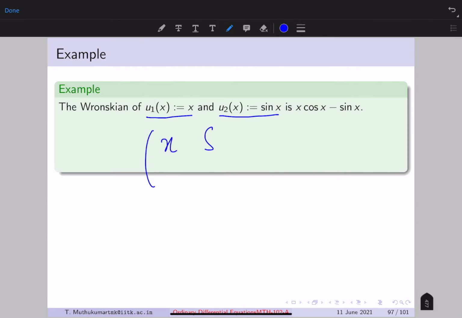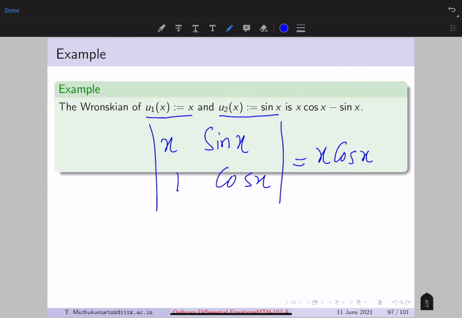The Wronskian is a determinant with rows x, sine x and 1, cos x, which gives x cos x minus sine x, and that's what I have written here. So the Wronskian of these two functions is x cos x minus sine x.